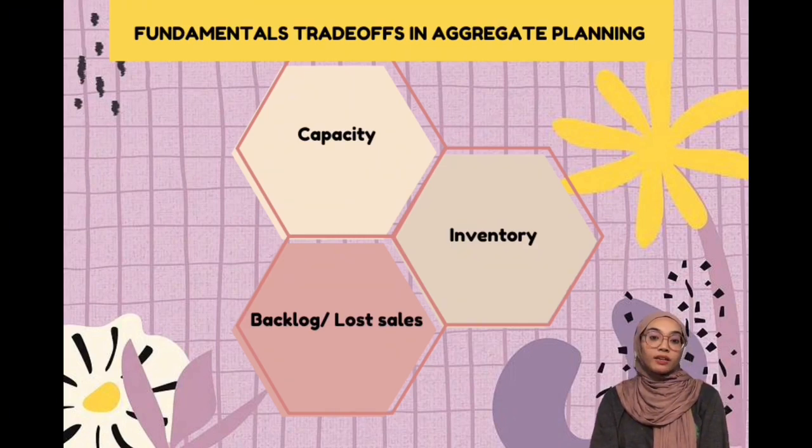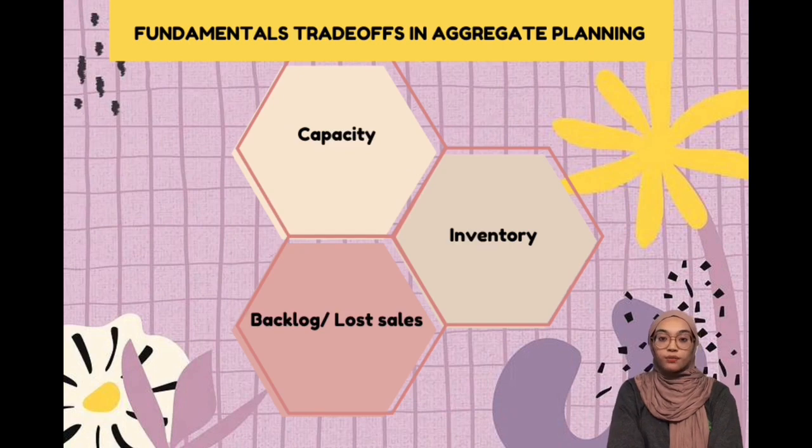On the other hand, running at or near full capacity can result in operational efficiency, but may lead to challenges in meeting sudden spikes in demand. The trade-off, therefore, lies in determining the optimal level of production capacity that aligns with both cost efficiency and the ability to respond to changes in demand.